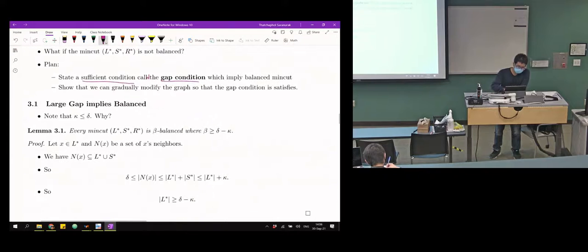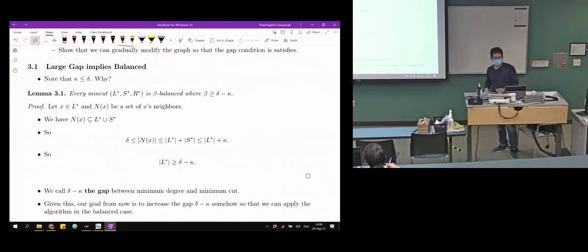Okay, so now I will talk about the gap condition: if the gap is large, then there must exist a balanced min cut. Here, the gap is basically the gap between min degree, delta, and kappa, the min cut.